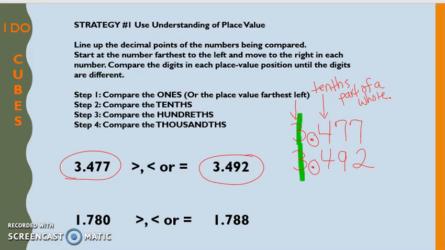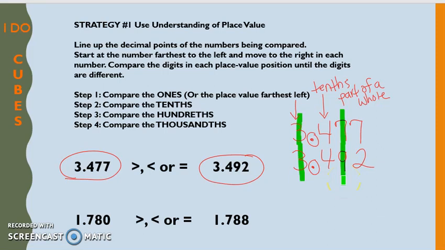And so we're going to move to the hundredths place value. You will notice that we now have numbers that are different. We have a 7, so we have 7 hundredths, and we have 9 hundredths.